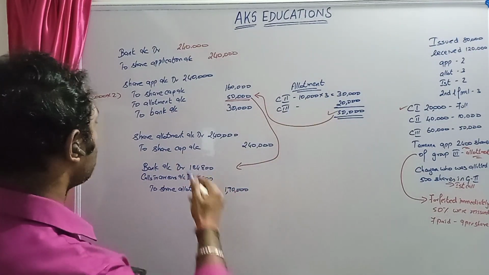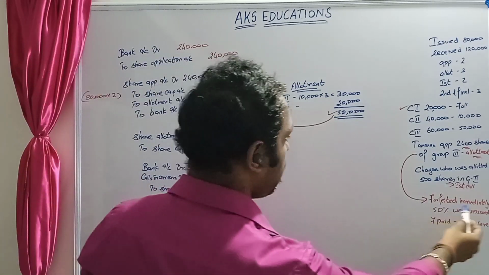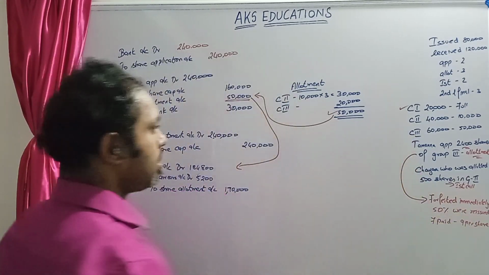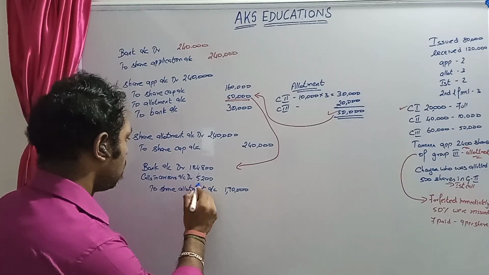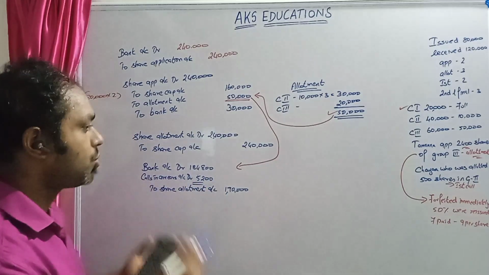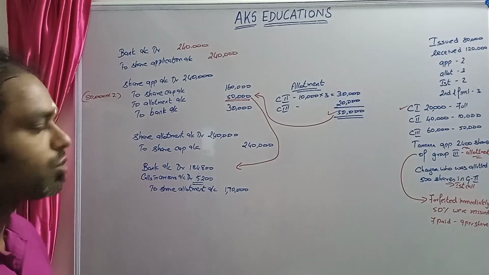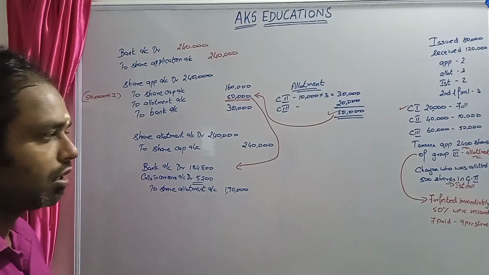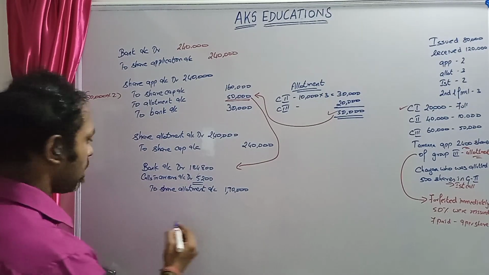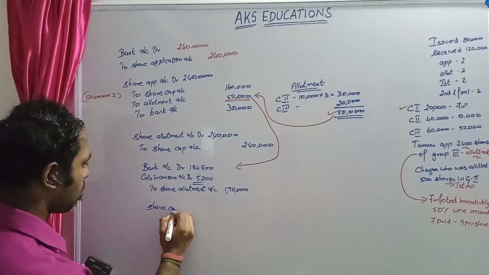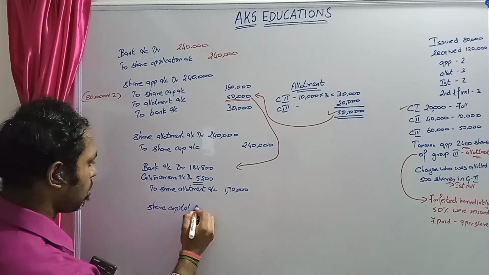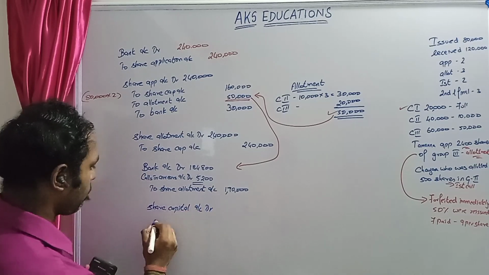The first call. Sorry. Forfeited immediately. So you can see Tamana's shares were not paid during allotment and the shares were forfeited. So you have to make a forfeiture entry. Alright. So let's make a forfeiture entry. Share capital account debit.